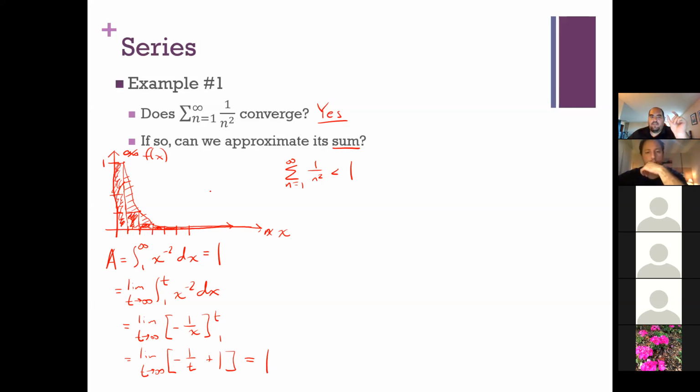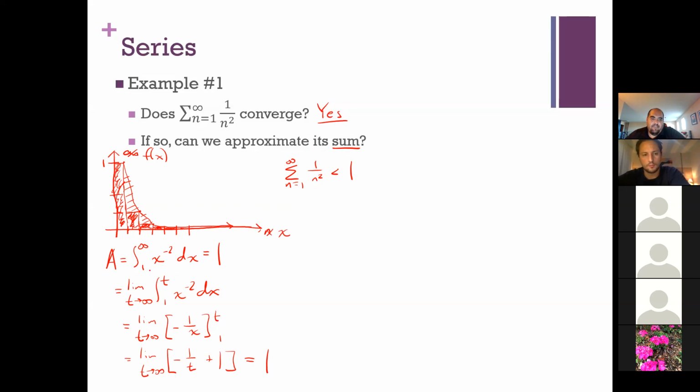So when I'm taking the sum of a series, I'm not trying to set up that limiting case. So the integral does not give me the exact value of the series, but it does give me an upper bound. I know that the sum of this series is less than 1.